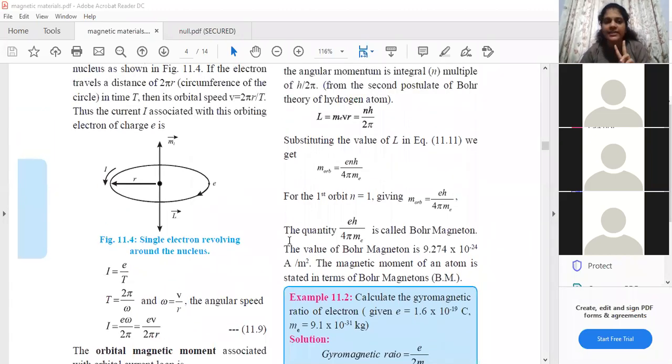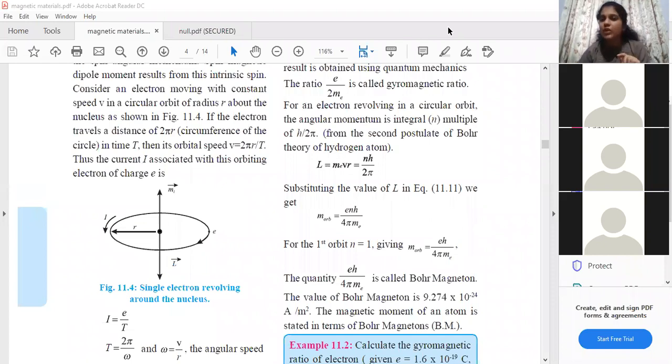Another alternative is that the velocity of the electron that is revolving is nothing but distance upon time. Distance is the circumference, that is 2 pi R, and time is the time period which is required for one revolution. So we know that V is equal to 2 pi R by T. Here if I cross multiply, I will get T as 2 pi R by V. So I can directly substitute this T over here.